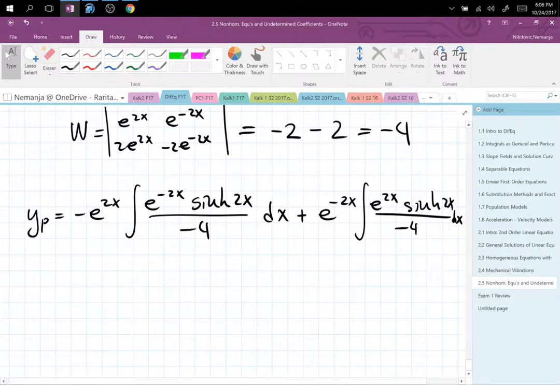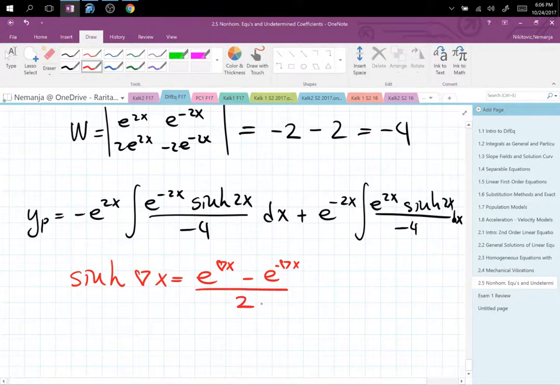Do we remember the beautiful definition of the sine hyperbolic? Yes. So, sine hyperbolic of x is equal to e to the x minus e to the minus x, divided by 2.